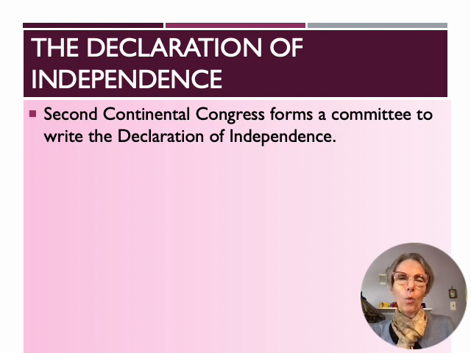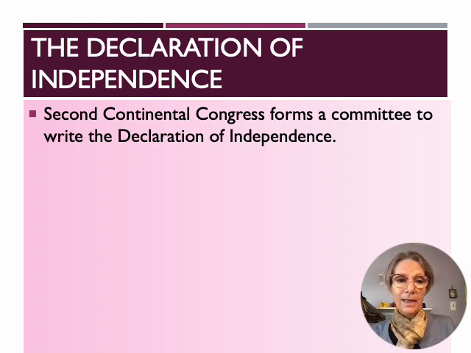So when the colonies decide that they want to break ties with the British monarchy, they basically create a de facto national government, known as the Second Continental Congress.